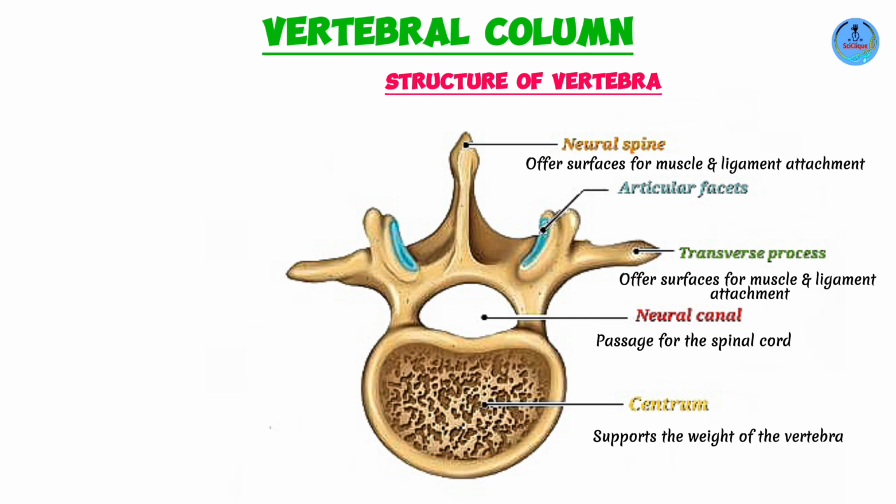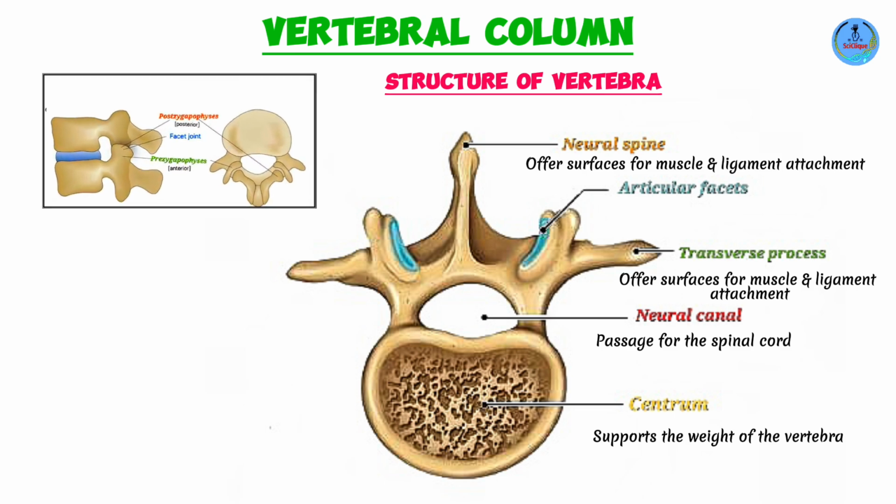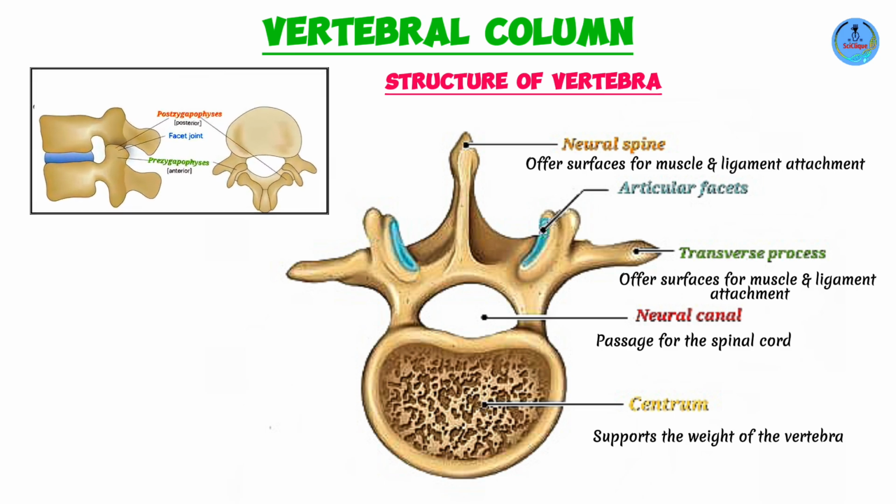Next one, we have the facets. Facets are also known as zygapophyses. I know, yeah? These are small, flat, and smooth surfaces that are found at the front and back of the vertebra. This is the point where one vertebra articulates with another. When you talk about the word articulating, this simply means one bone joining with another.